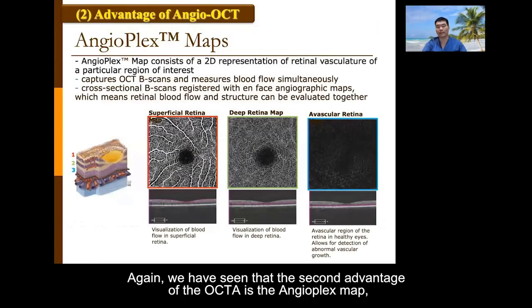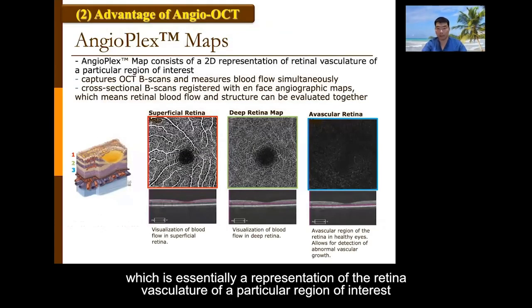The second advantage of the OCTA is the angioplex map, which is essentially a representation of the retinal vasculature at a particular slab or region of interest.